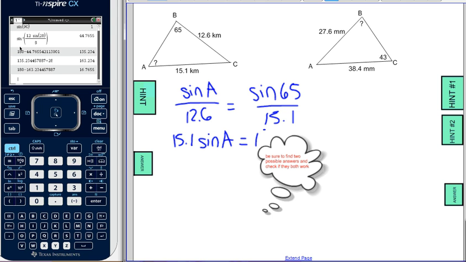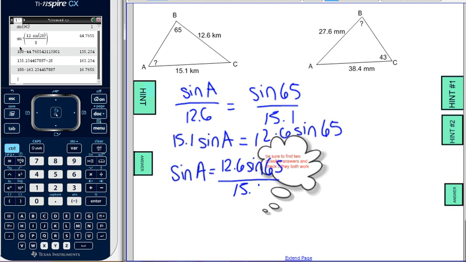We're going to cross multiply, so we've got 15.1 times sine of A is equal to 12.6 sine of 65. We divide both sides by 15.1, so we get sine of A equals that fraction, and then we take the sine inverse of both sides. So A is equal to the sine inverse of that fraction.